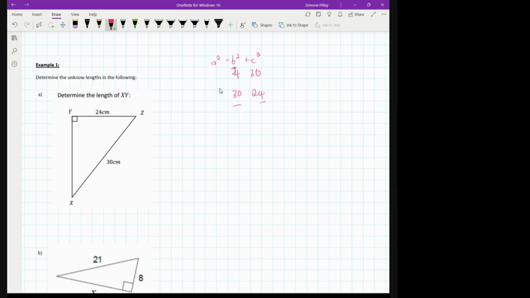Yes, ma'am. It will give you the same answer, but only if you swap the other two sides. If you swap the hypotenuse with one of the other sides, you're not going to get the same answer. So as long as your hypotenuse is the side opposite your right angle and you sub it in the correct place, it doesn't matter really where you put the other numbers. Does that make sense? Yes, ma'am.